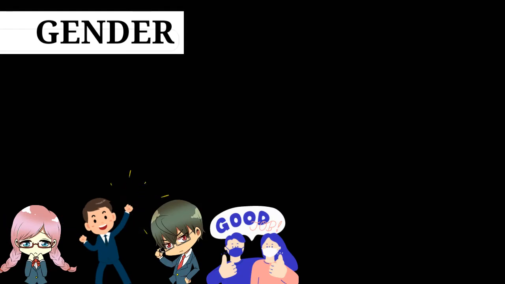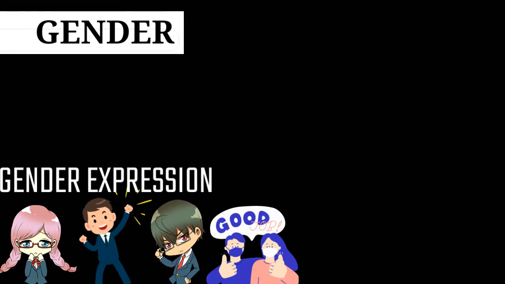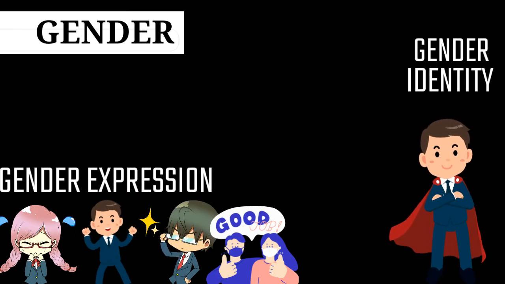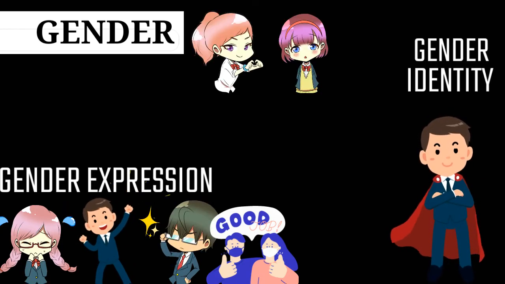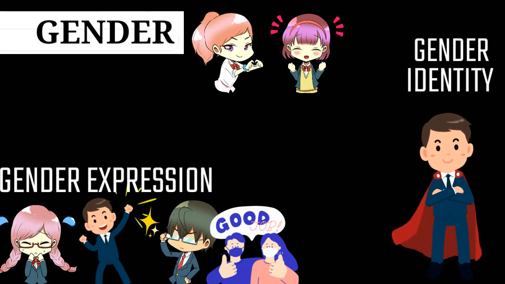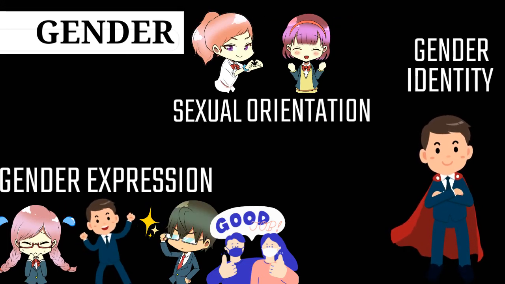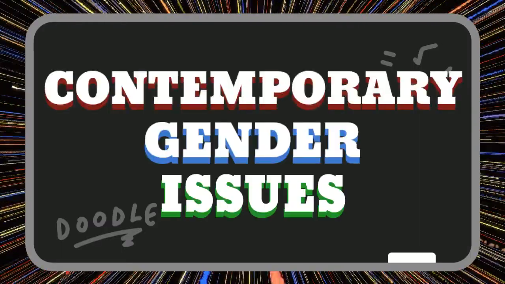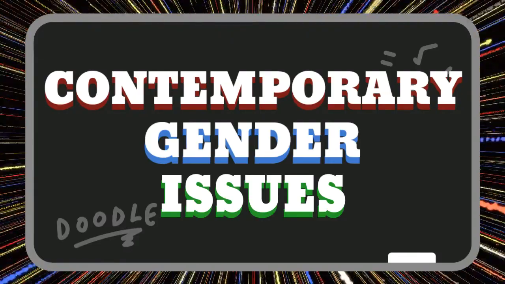Basically, gender refers to how a person behaves, acts, dresses, and interacts, which is the gender expression; the personal concept of oneself, which is gender identity; and the person's preference and attraction to someone, which we call the gender orientation. And now, let us identify the contemporary gender issues that are present in young adult literature.